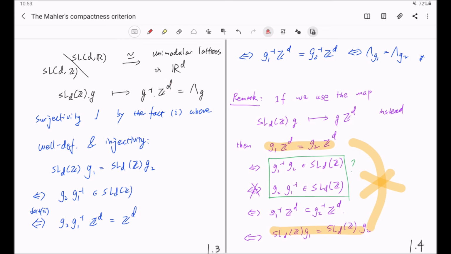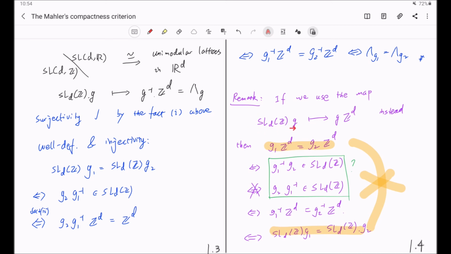And here we are going to change our language a little bit. If you change this to left coset space, namely if you move g to the front, then this g inverse will become g. I hope it's not hard for you to switch between those two languages. And remember that we also made a remark that if you use one language, you must stick to it.